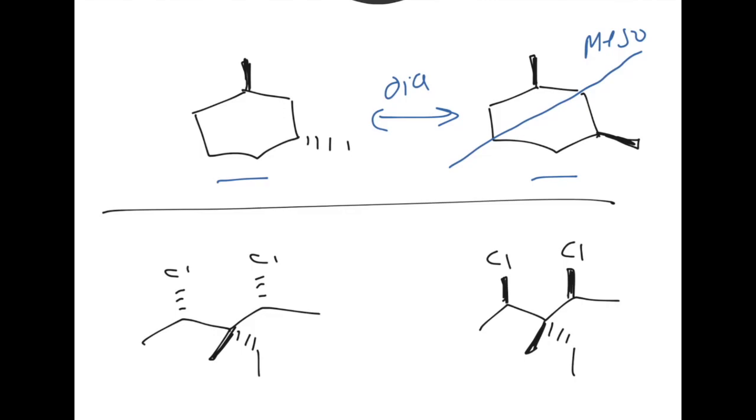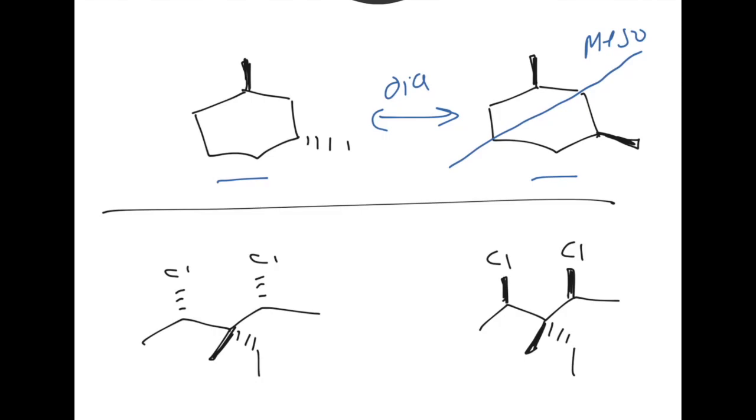What about the second pair? Are these enantiomers? Are they diastereomers? Or are they meso? Or are they the same thing through some other way? How many chirocarbons are there? They're the same.